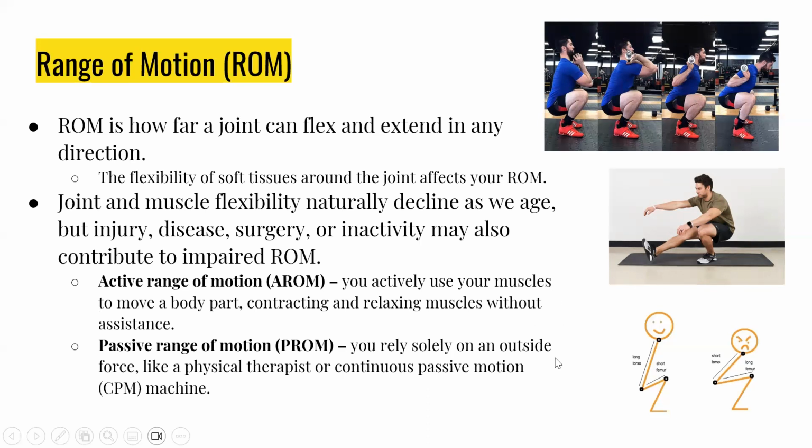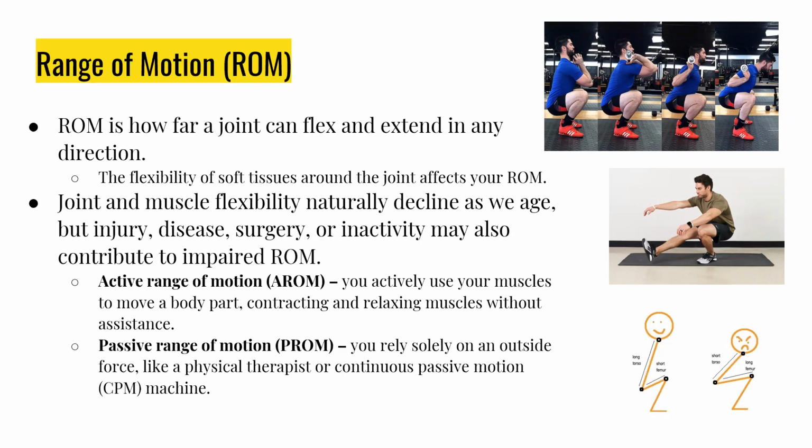So we have to be mindful about these things and how to help them with flexibility exercises, dynamic, static, or active, passive movements or range of motion to help them get into that exercise position safely and get the most out of that exercise.